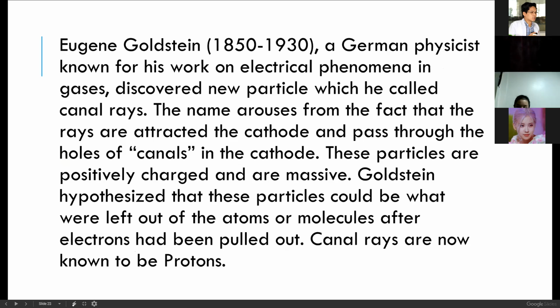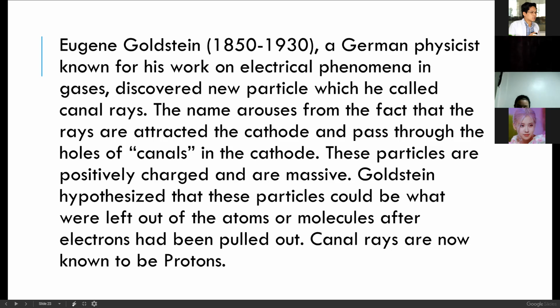Eugene Goldstein, a German physicist known for his work with electrical phenomena in gases, discovered a new particle which is called canal rays. The name arises from the fact that the rays are attracted to the cathode and pass through holes called canals in the cathode. These particles are positively charged. Why?